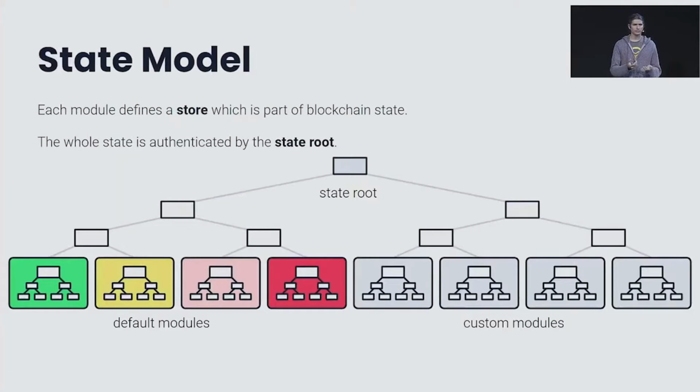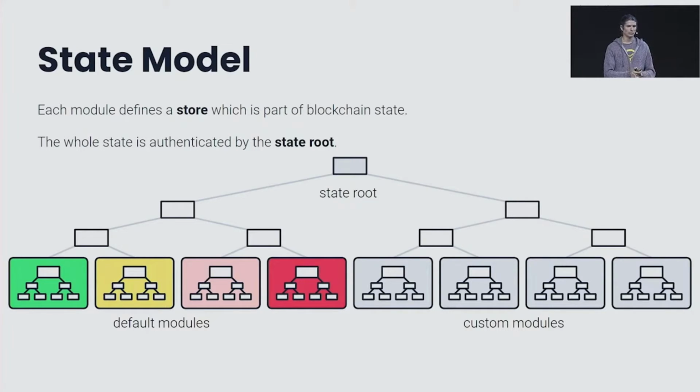Let's start with the state model. Each module, as I mentioned, will define a store, which is part of the blockchain state. So in this picture here, you've seen this already today, I show the state tree. Each colored box at the bottom corresponds to a different module registered in the blockchain application. On the left, we have the default modules that come already packaged in the Lisk SDK.